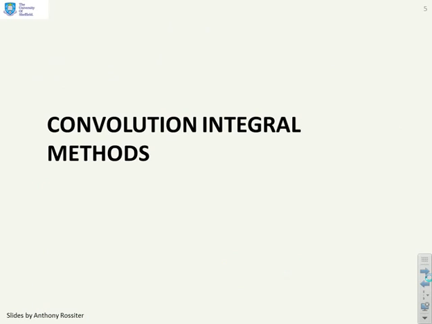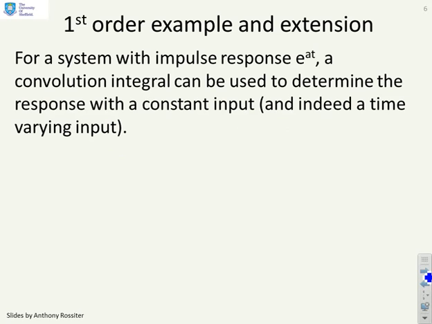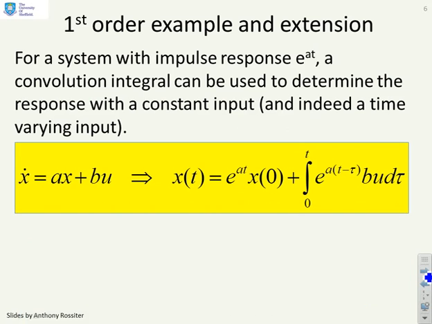What about convolution integral methods then? If you take, for example, a single input, single output system with an impulse response e to the At, then a convolution integral is a well-known way of finding the response for an arbitrary input. So here's the convolution integral. I've taken a model, x dot equals Ax plus Bu, and it's got an impulse response e to the At.